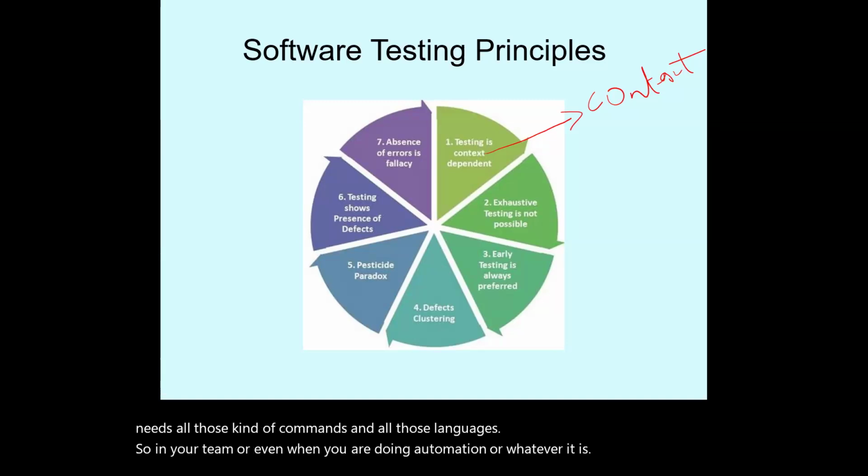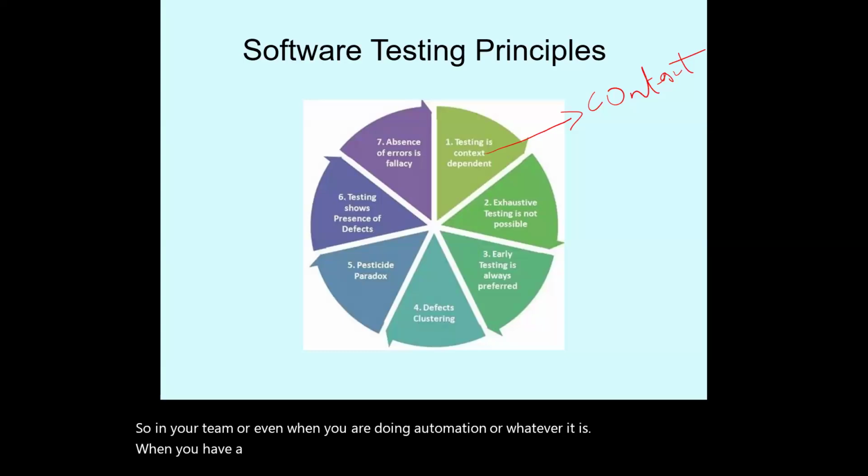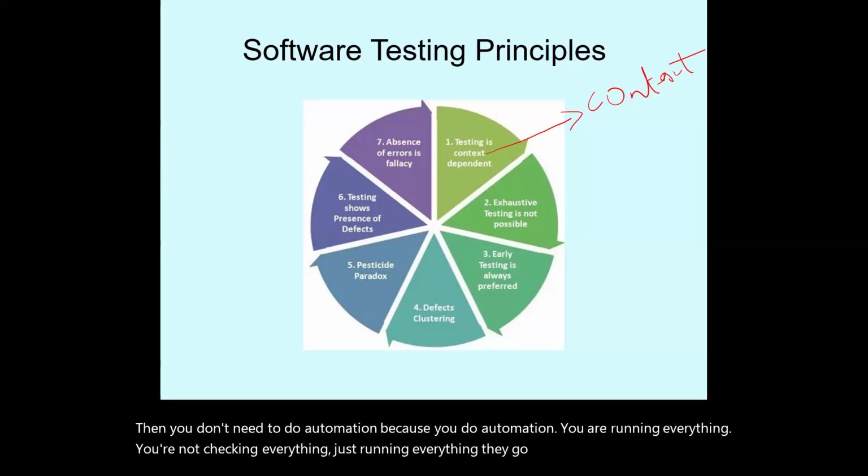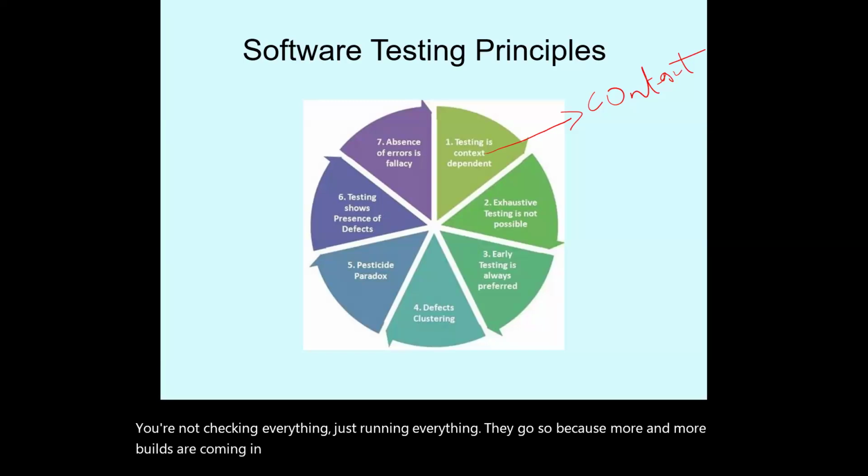When you have a scenario where the UI keeps on changing, then you don't need to do automation, because in automation you are running everything. You're not checking everything, you're just running everything at a go. Because more and more builds are coming in, you have to test those manually and see that it's working fine. If it's working fine, then you can run your automation.